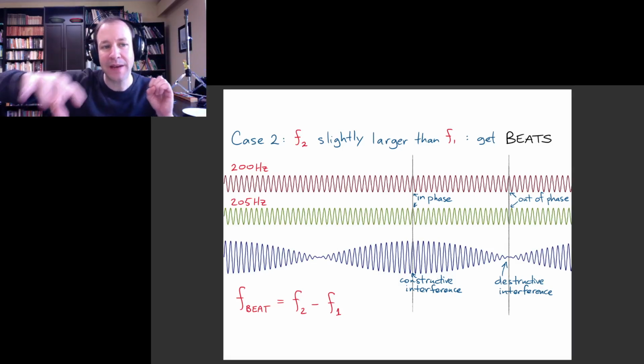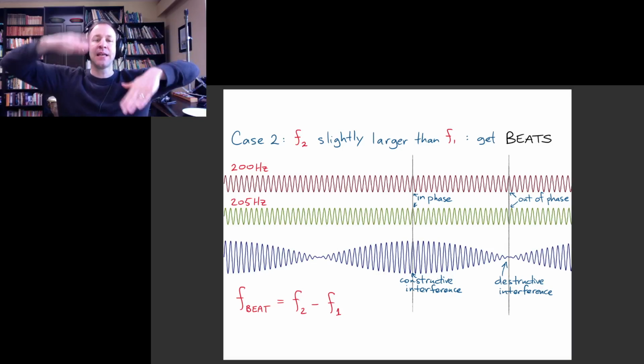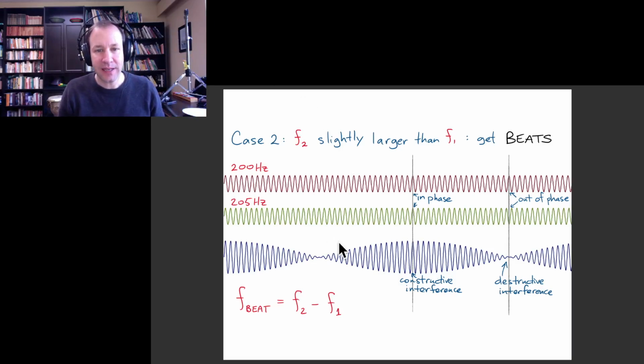But because one of them has a slightly different frequency than the other, what's going to happen is after a little while, they're now going to be out of phase with each other. And so when that happens, then the two sound waves are going to add up destructively, and so the sound is actually going to partly cancel. So you can actually see that here.